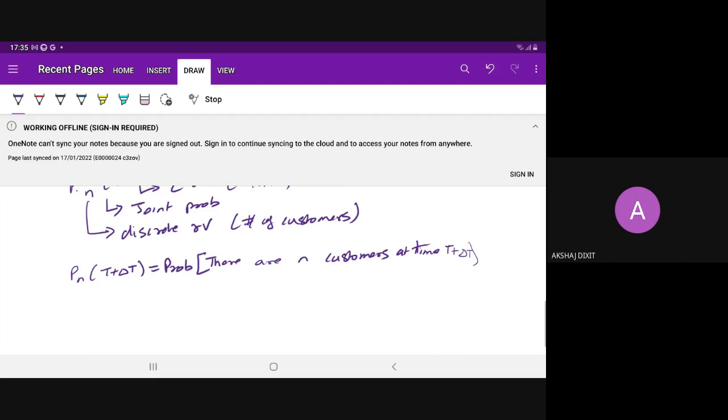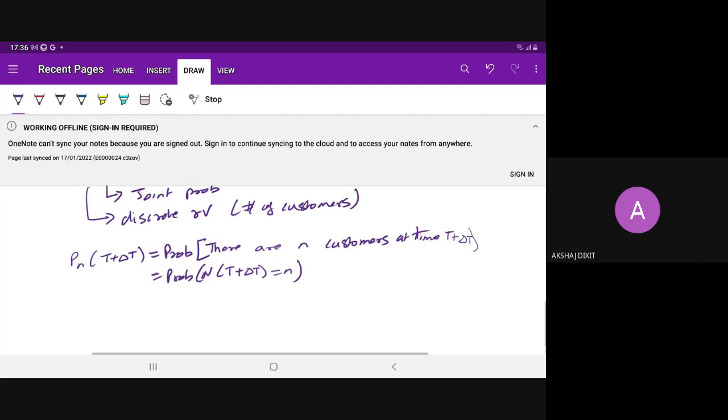That is, the probability that N(t plus delta t) is equal to n. At the time t plus delta t, there must be n customers.